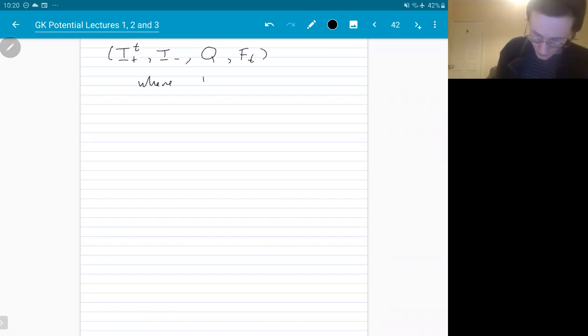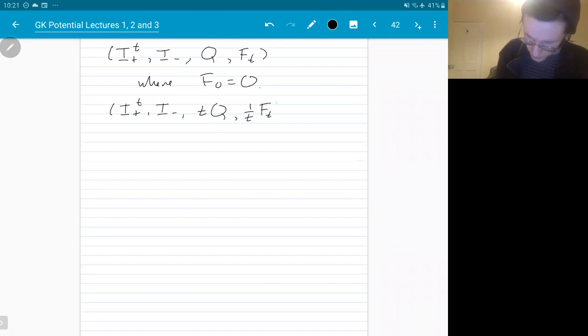Where at f of 0, we get 0. But remember, there was this other way of viewing the deformations, which is that we can put a factor of t in front of q, and then put a 1 over t in front of f_t. And so now at t equal to 0, this part vanishes, but this thing, when t is equal to 0, just gives you this.